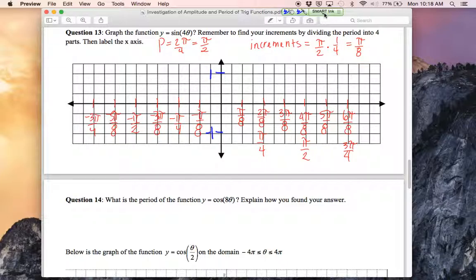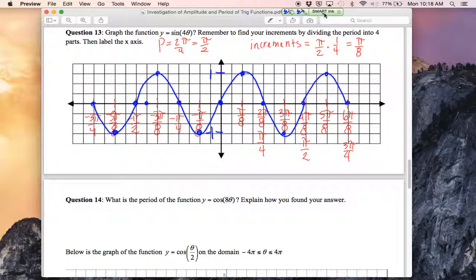The amplitude hasn't changed, and sine starts at 0, goes up, 0, down, 0, up, 0. So here I have a cycle and a half. Down, 0, up, 0, oops, 0, down, 0. Okay, and that's what that should look like.